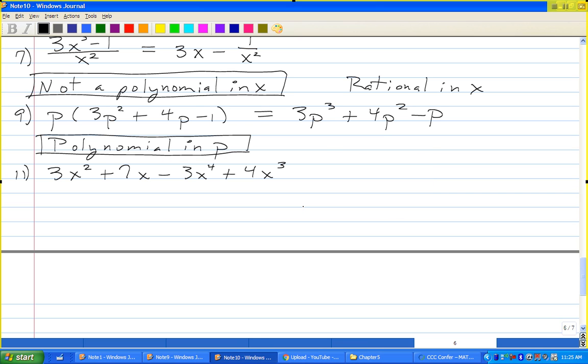Okay, so let us rewrite this in descending order. I want to write the terms with highest degree first and go down in degree of each term. So negative 3x to the 4th plus 4x cubed plus 3x squared plus 7x. So I've rewritten this in descending order.